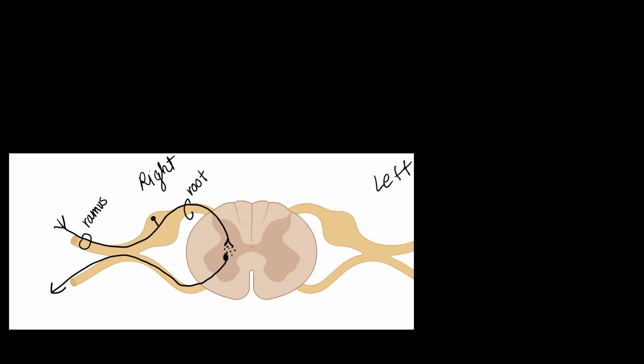This other neuron is a multipolar motor neuron, and it's going to leave through the ventral root. It's going to pass through the spinal nerve. That's just this little section right here. And then it's going to branch off and leave through the dorsal ramus, and it's going to go to a plexus.